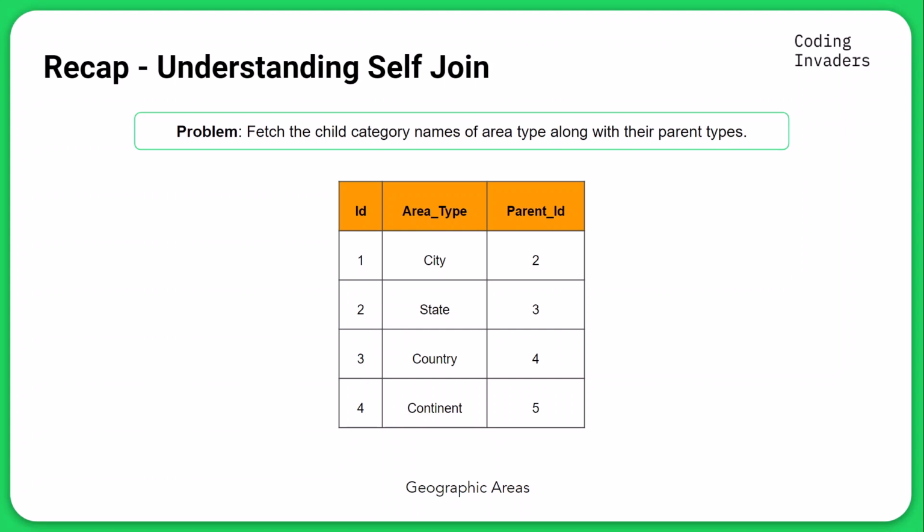Now, you remember how we solved this? Well, we had only one data table with us, so we performed a self join. We want each of the 4 area types. Consider this table as the left table and, again, consider this table as the right table for the parent names, to combine together and give you the output.